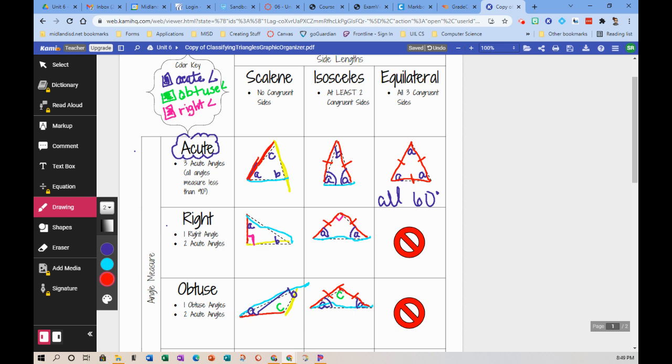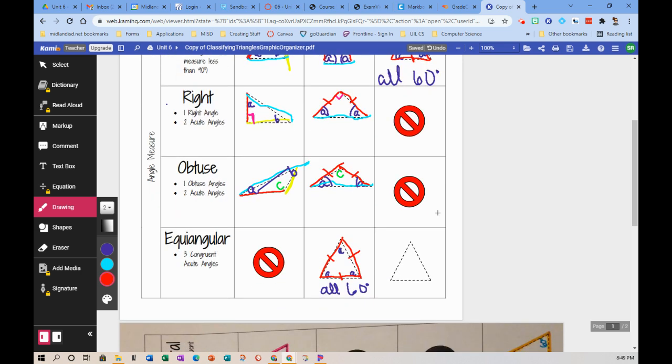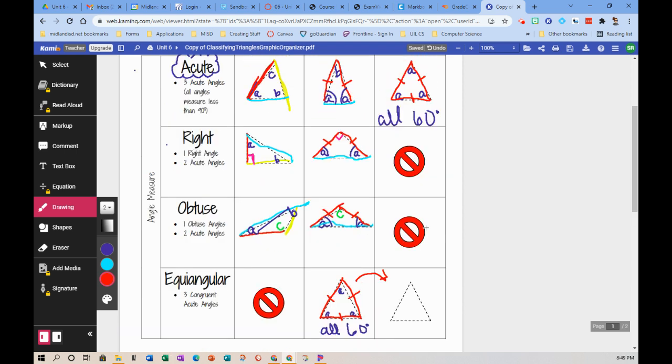We don't have an equilateral right or an obtuse. We do have equiangular, which is the same as the one we just did a minute ago. I'm not going to redraw it. And those are your notes for classifying triangles.